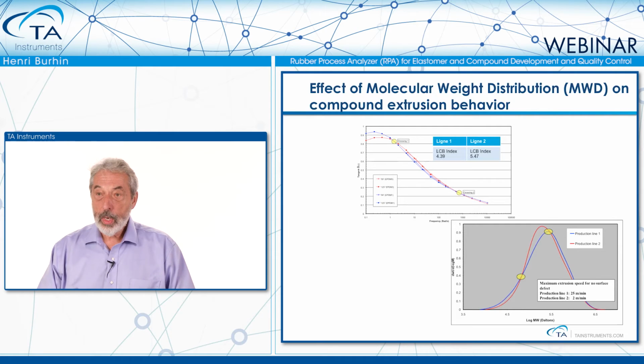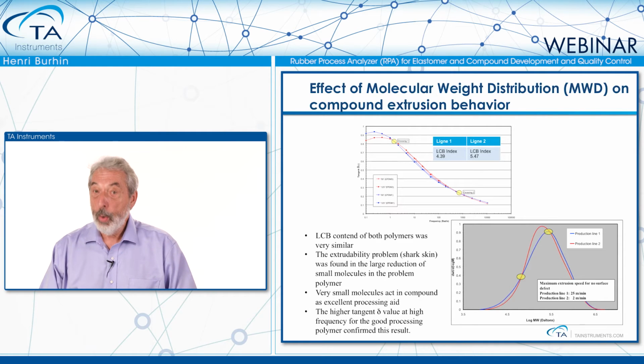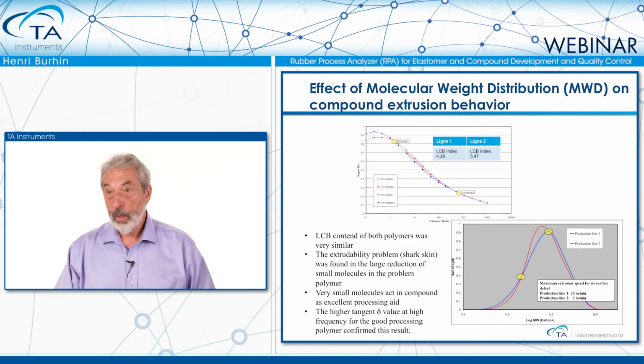But what is really important in this case, the faulty polymer is extremely poor in very, very small molecular weight species in the distribution. And the small molecules act as a very good, excellent processing aid.